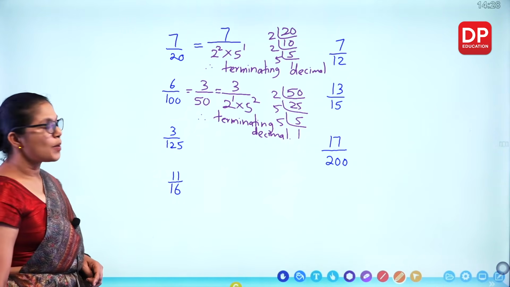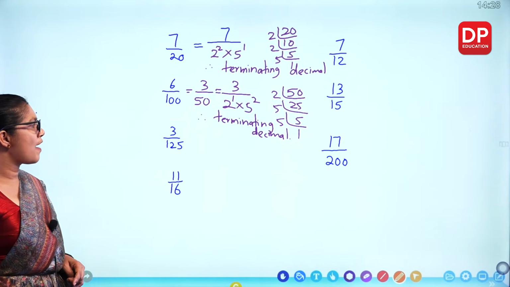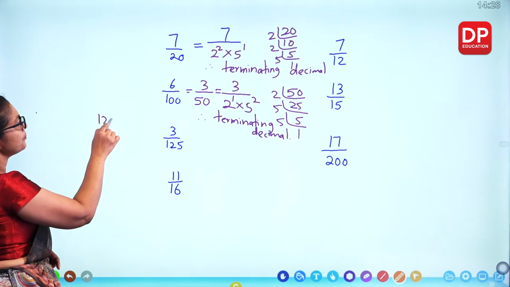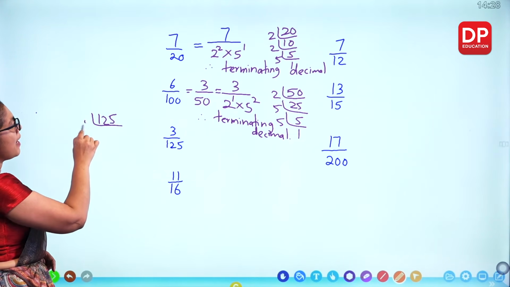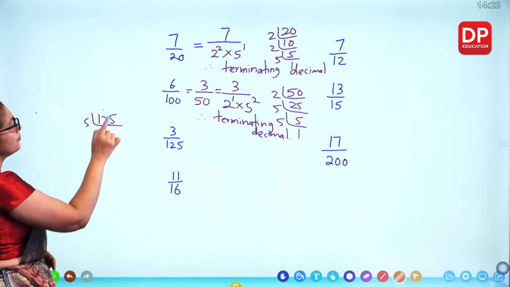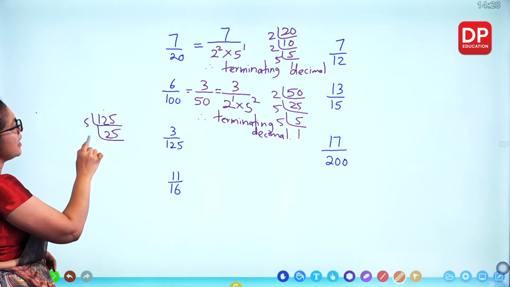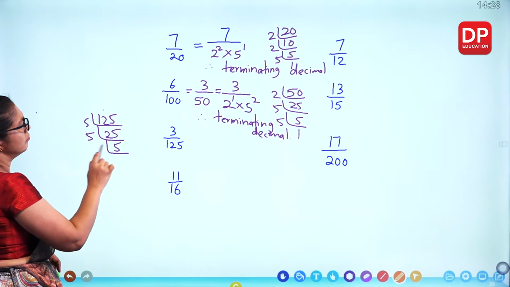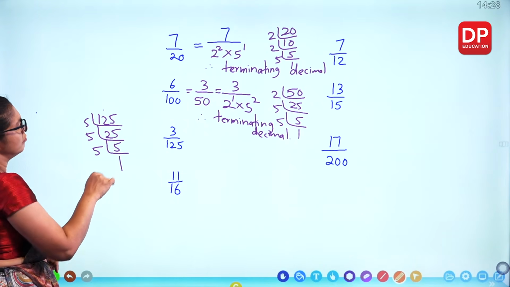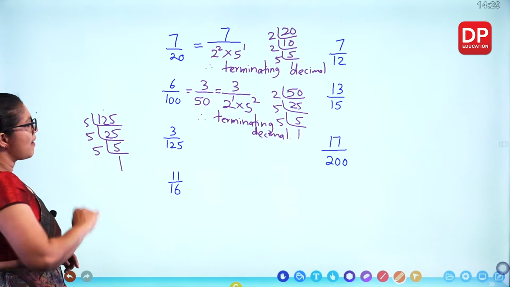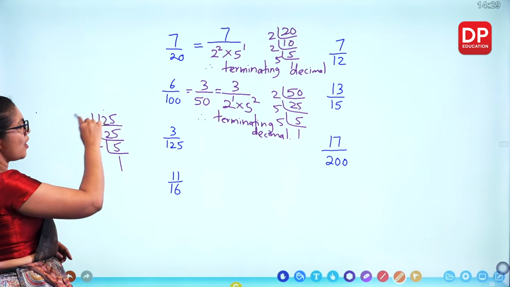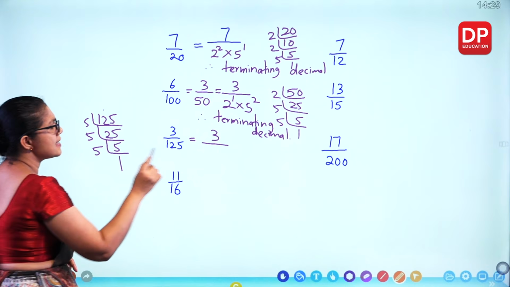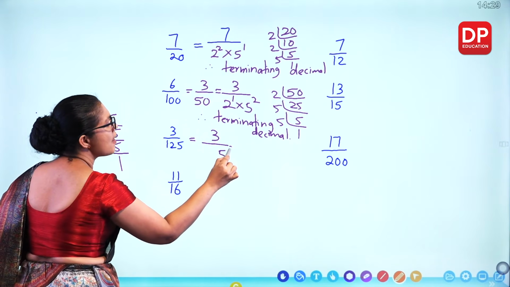Now we'll take this one, 3 over 125. How can we write 125? You can divide by 5. For 25, again you can divide by 5. So you can divide by 5 again. So how can we write down this? I can write 125 as 5 to the power 3.